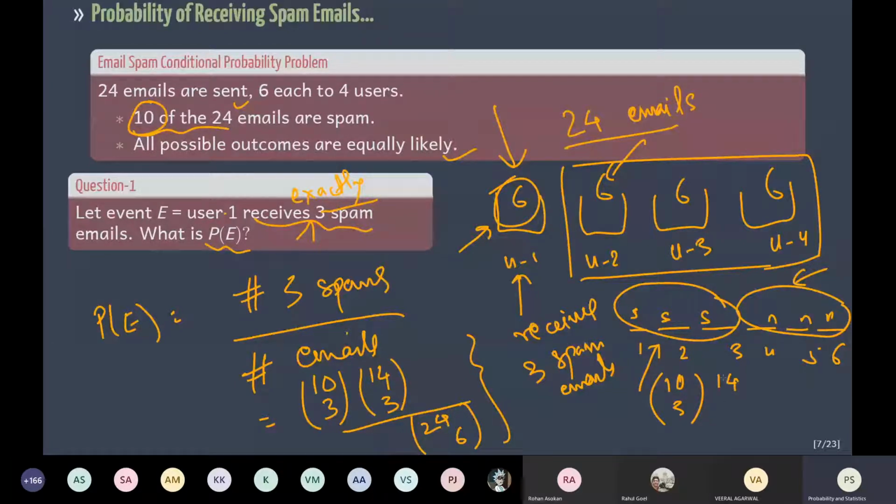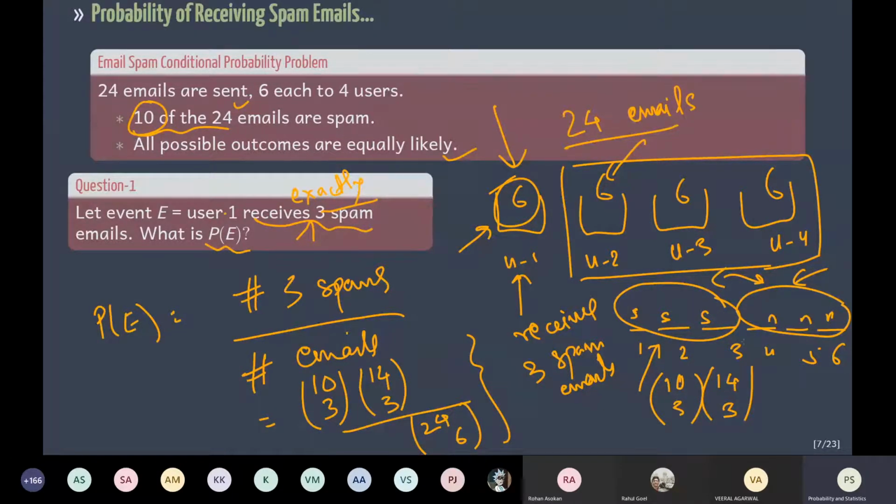How many ways can I pick exactly 3 non-spam, because in total I should have exactly 3 spam? This means that I should have exactly 3 non-spam. So how many ways can I choose? That should be 14C3. And how many possible combinations are there? Because this could be anywhere.